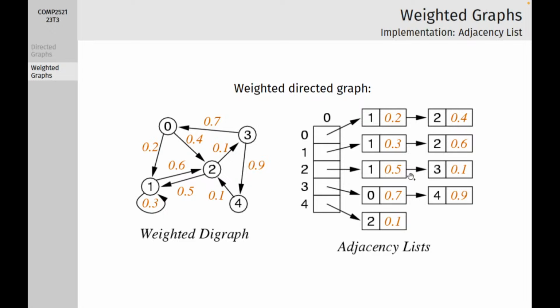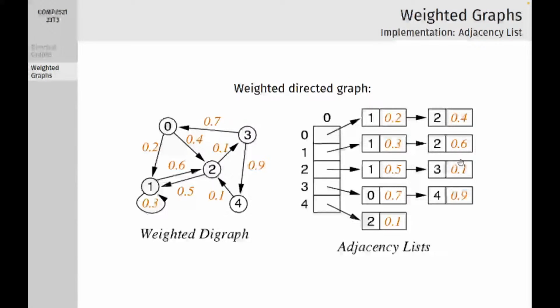All right, here's the adjacency list implementation. Instead of each list node containing just the vertex number, it also contains the weight of the edge. For example, 1 has an edge to 2 with weight 0.6. So in 1's adjacency list, we have 2, but attached to 2 is also the weight 0.6.